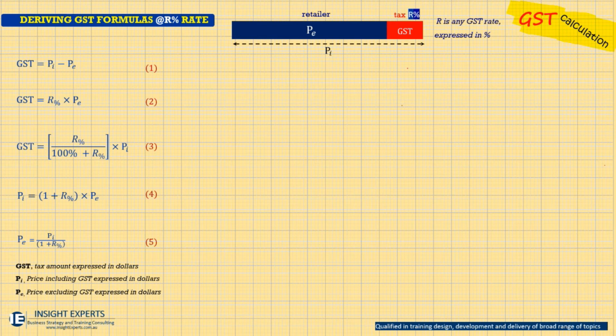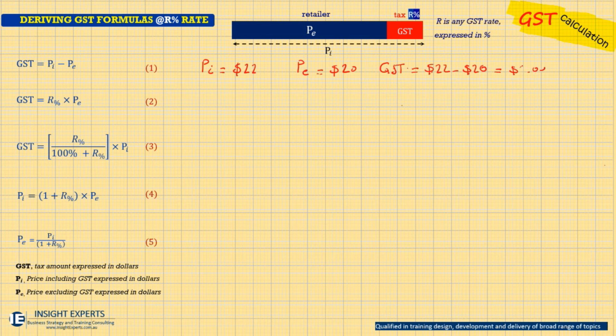And to prove it, let's say, for example, I have a product after tax with the value of $22 and before tax of $20. So the GST amount is simply the differential between the two prices, which is 22 minus 20. So the GST amount is $2.